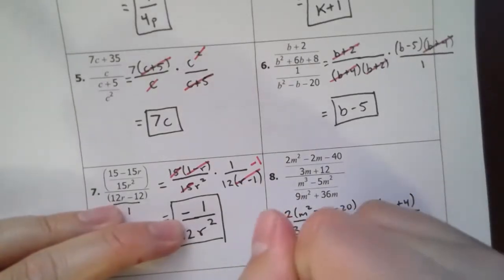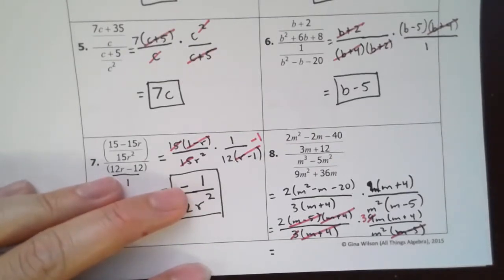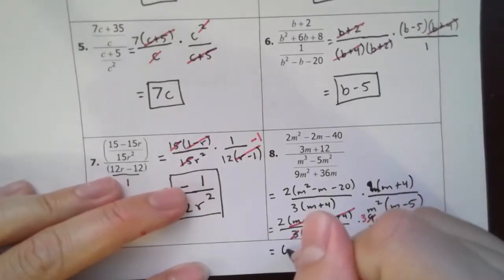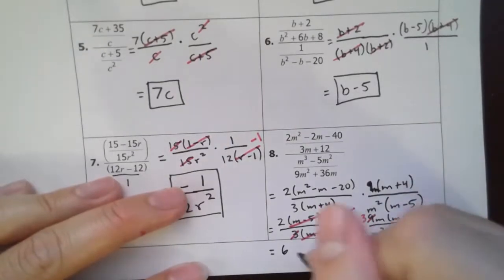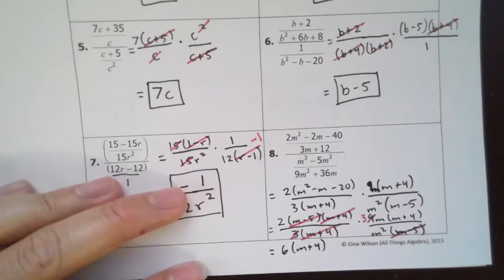So that's equal to, let's see, 2 times 3, 6, (m plus 4) over m squared. Oh, no. We forgot to cancel one more thing, right?